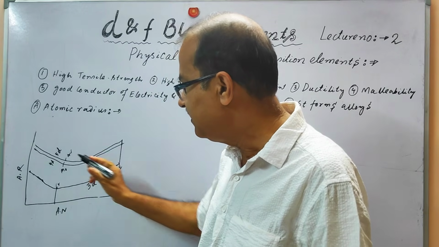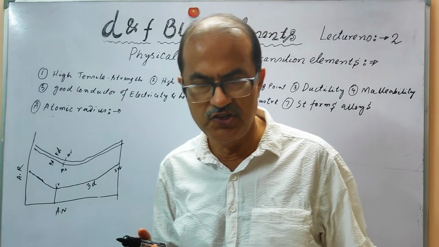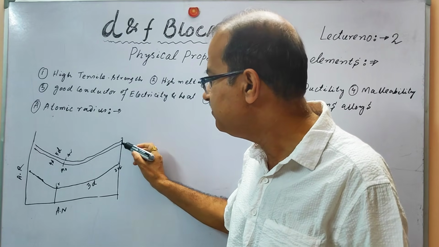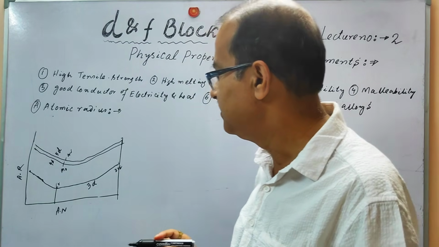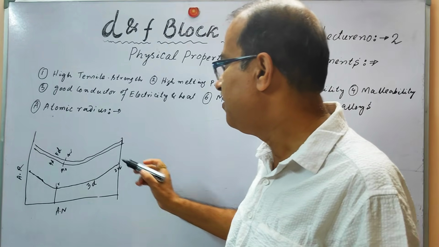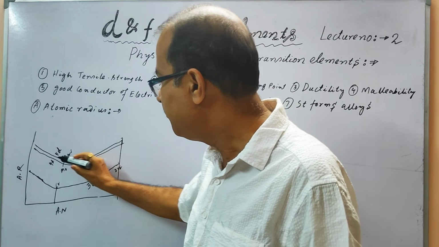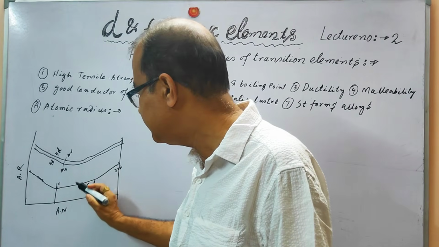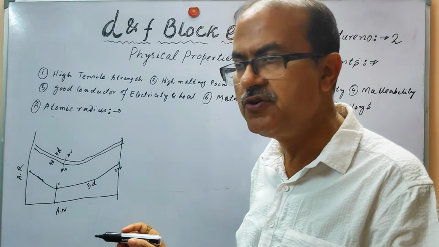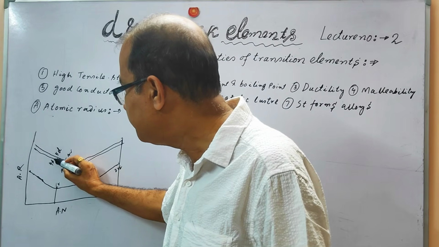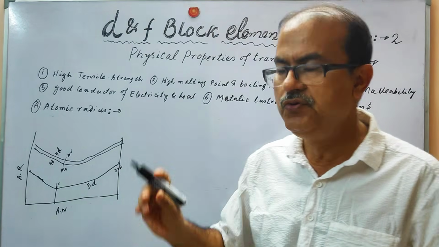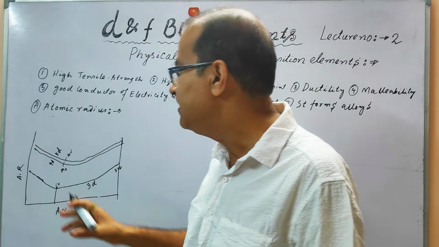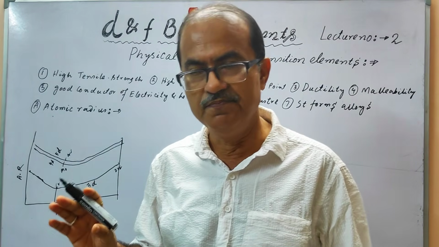After that there is no such increase or decrease, no change, it is constant, and at the end there is an increase. From this graph, if we compare the atomic radius of 4D and 5D, it is much higher than 3D, due to the incorporation of a shell. But if we compare between 4D and 5D, we will find that the gap is very less, meaning the diameter is almost the same.